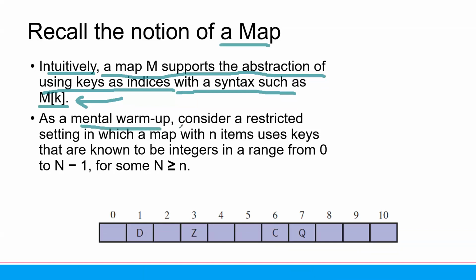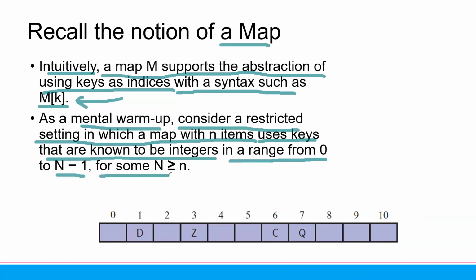As a mental warm-up, consider a restricted setting in which a map with n items uses keys that are known to be integers in the range of 0 until n minus 1, for some N bigger than or equal to n. Let's say I have determined my storage, and my storage will be 0, 1, 2, 3, 4, 5, 6, 7, 8, 9, 10.